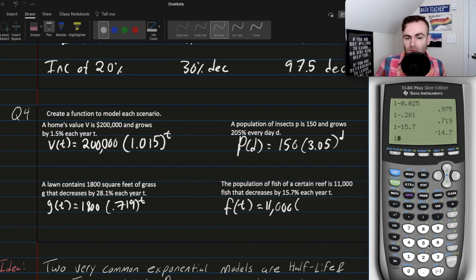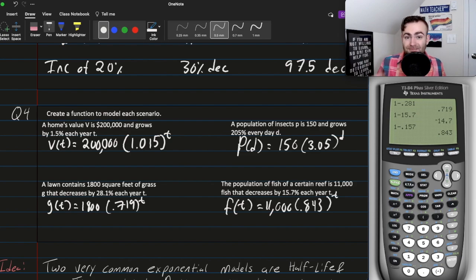Oh, no, it would be 1 take away 0.157. So it would be 0.843 to the power of t. So again, not bad at all.